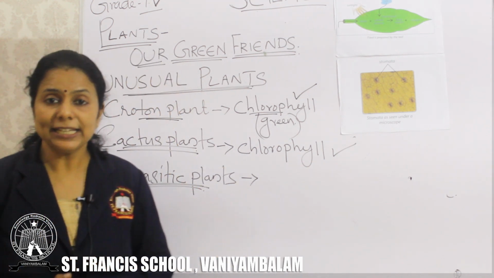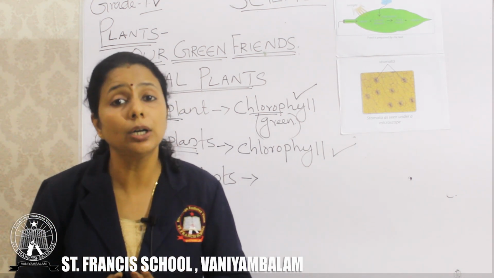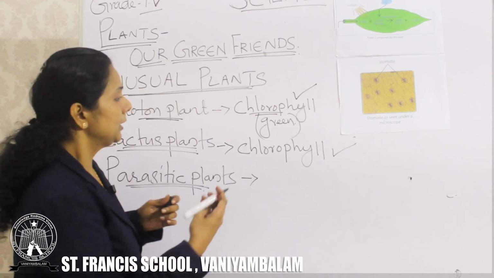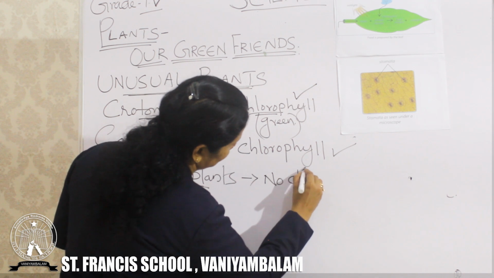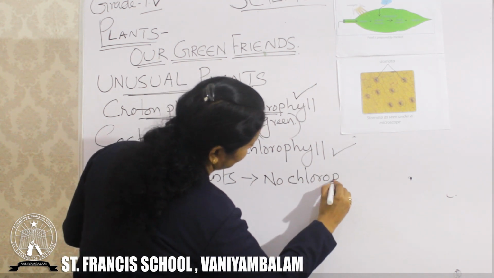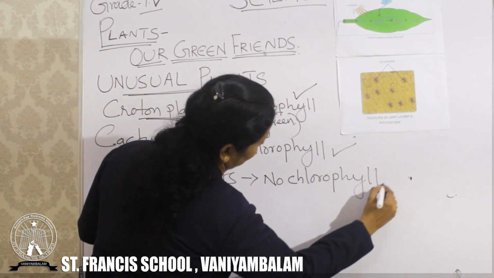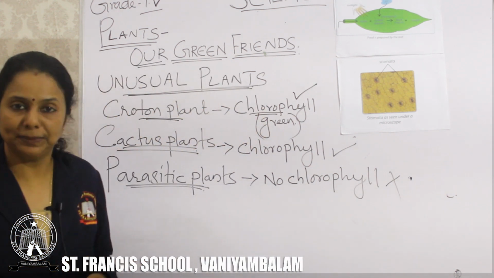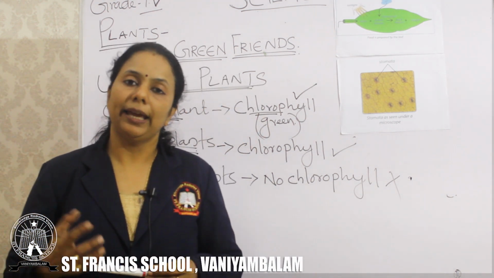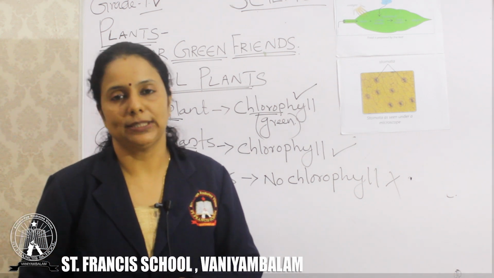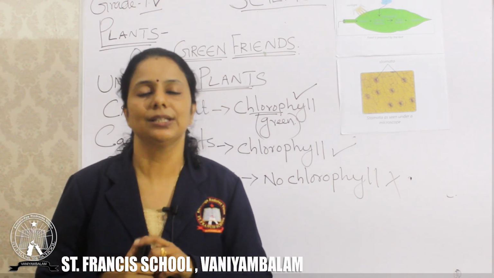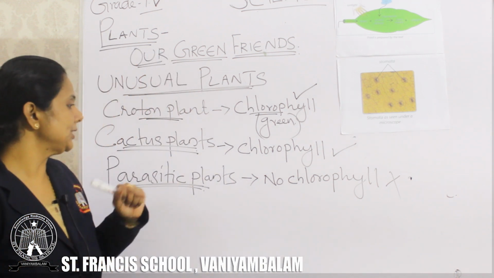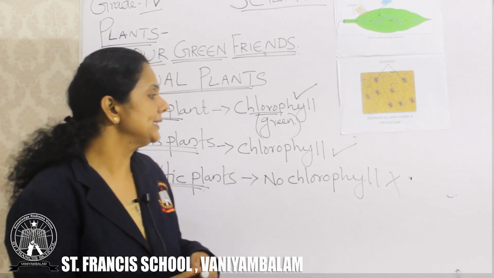Parasitic plants do not contain chlorophyll. Chlorophyll is absent, so they cannot perform photosynthesis. Without chlorophyll, plants cannot make food, right? Yes. So in parasitic plants, chlorophyll is absent.